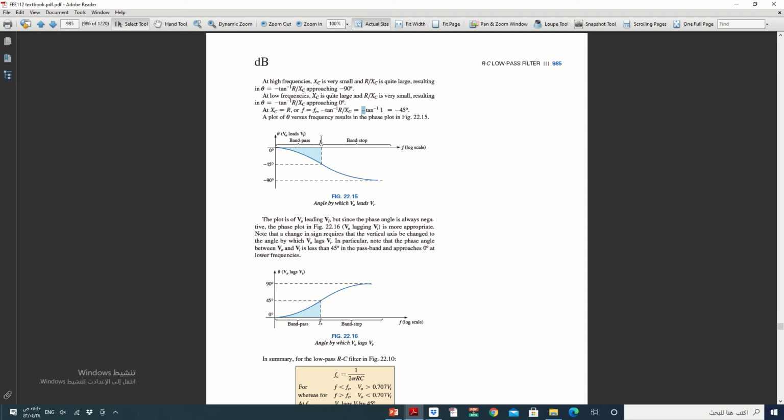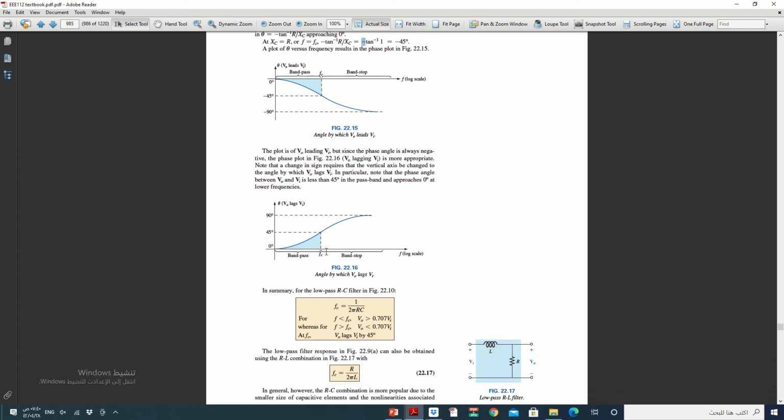This means the angle at the cutoff frequency will be minus 45, and because we know that V out lags the V input, we can opposite the sign for the angle: 0, 45, 90.